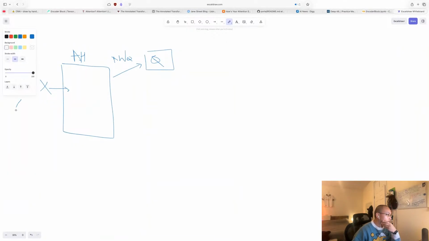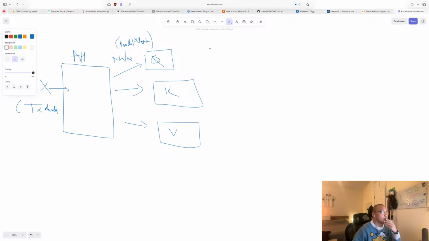And let's say the X is what? Token number into dimension of model. So this would have to be the dimension of model times dimension of Q or K, right? Similarly with K, similarly with value.